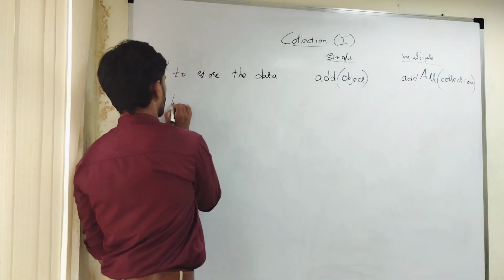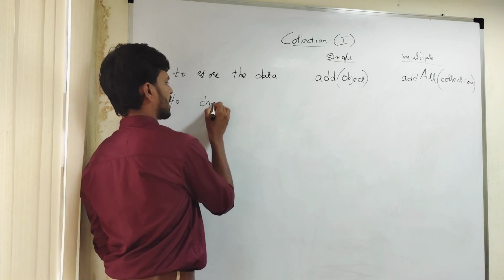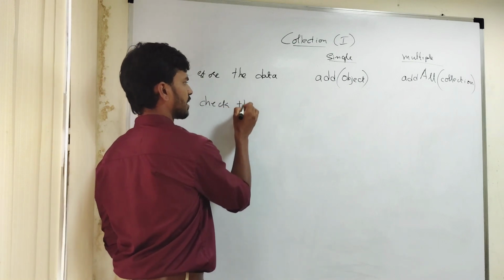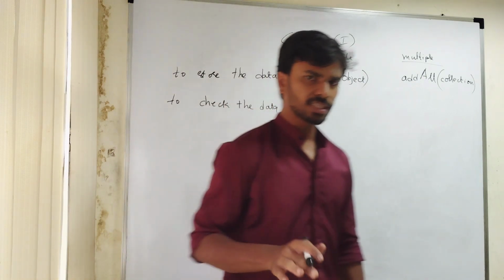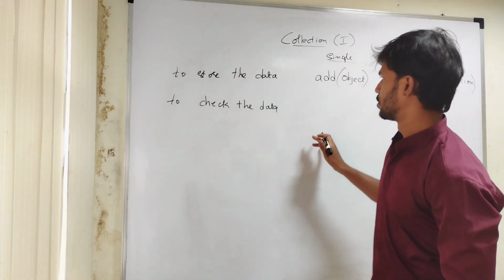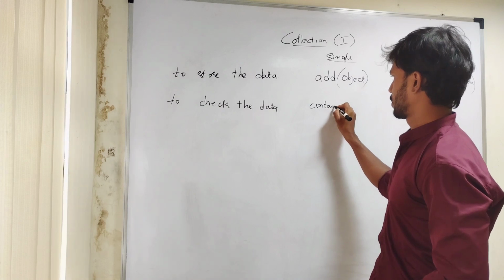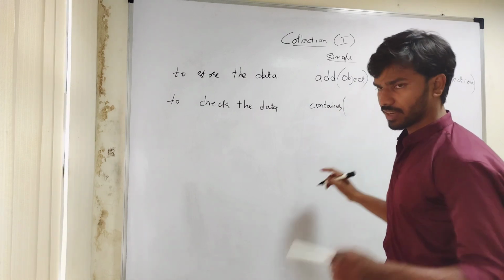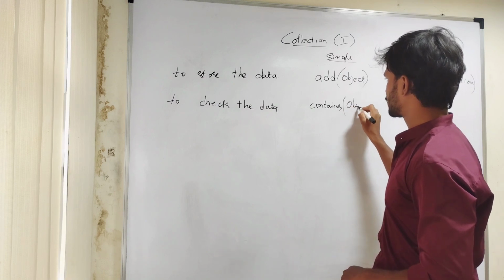Next, to check the data. After adding the data, we want to check the data. For that, we have the contains method. To check one single object, we have the contains method, so we have to pass the object.